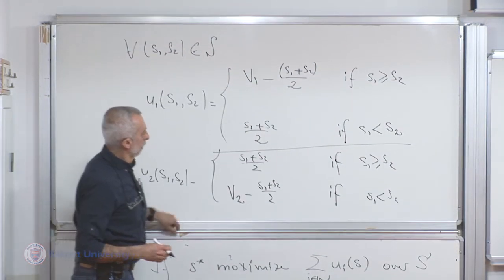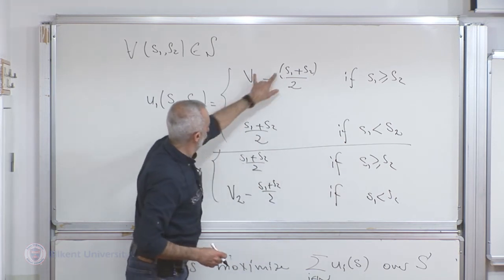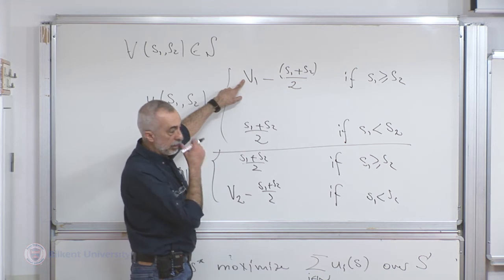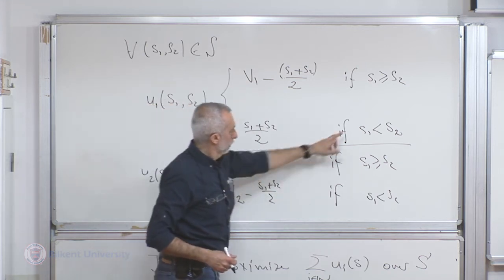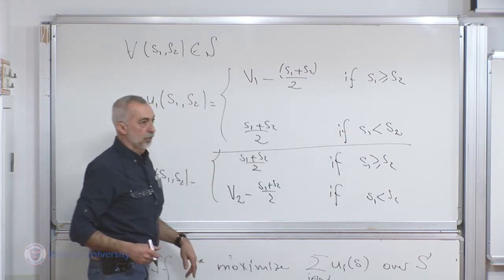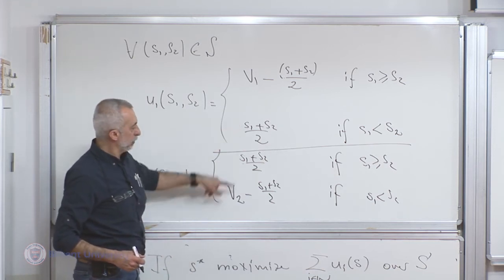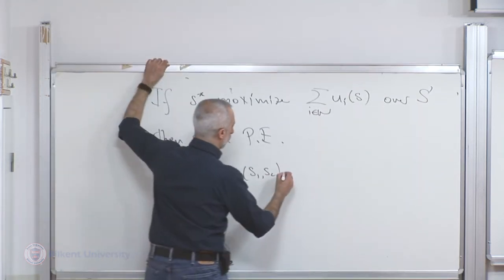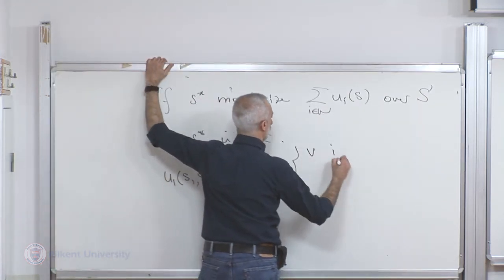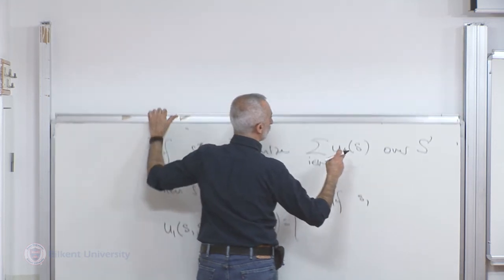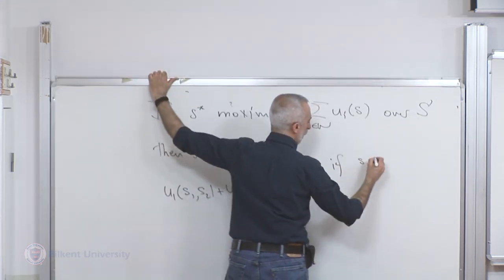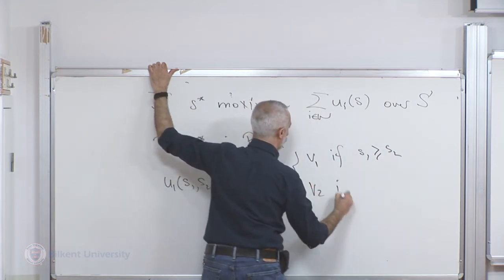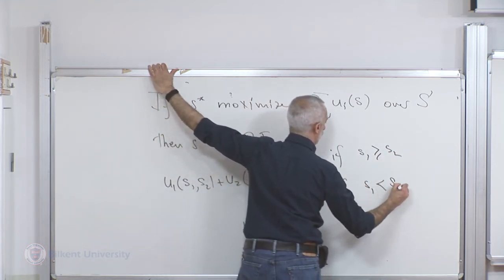If this is the case, it's this plus this, which gives us V1. If this is the case, it's this plus this, which gives you V2. So this is equal to V1 if S1 is greater or equal to S2. It's equal to V2 if S1 is less than S2.